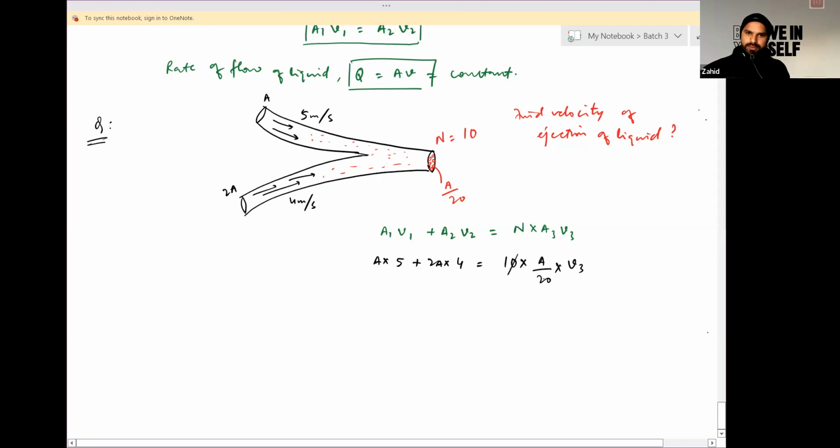So this 0 and this 0 will cancel out. 5A plus 8A will be 13A equals A by 2 times V3. A and A will cancel out. So you'll get V3 equals 26 meter per second.